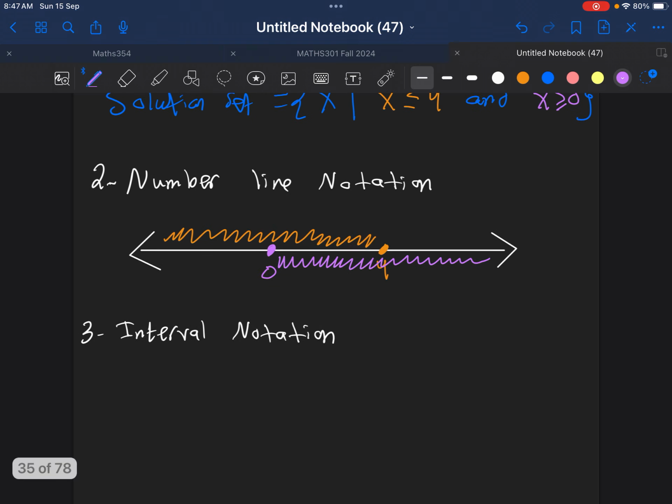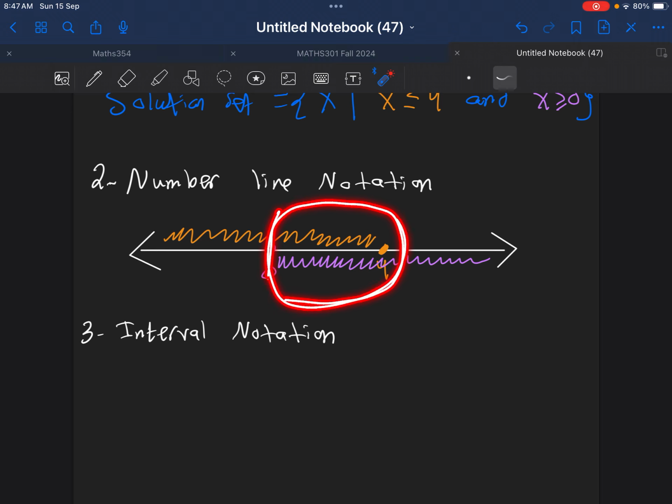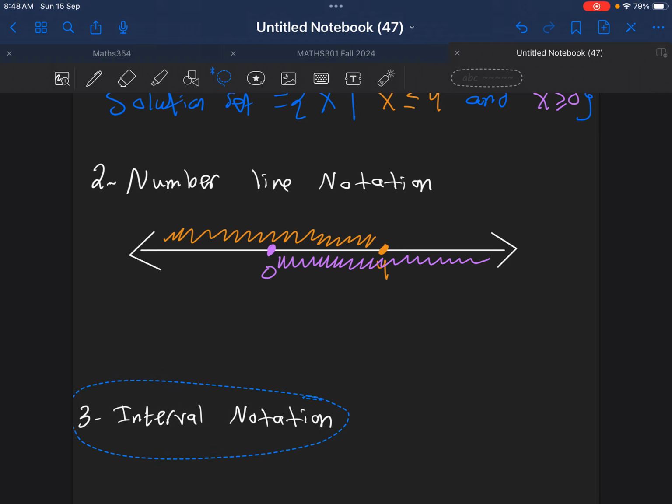Now, if you look at this picture, where the two colors overlap, they overlap here. So this is my solution. This is my only acceptable answer. So in this case, I will just erase everything.